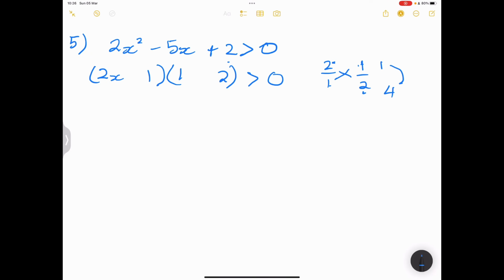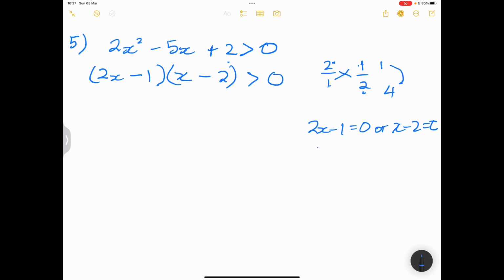Okay, so again, we've got negative and negative inside the brackets. So what are our critical values? You think about it. You've got 2x minus 1 equal to 0, or, sorry, I should have written x there, or x minus 2 equal to 0.